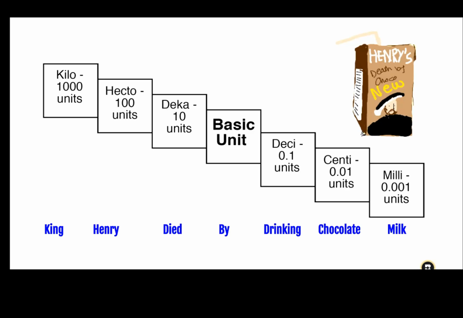A common way to do that is by using this phrase, King Henry died by drinking chocolate milk, because the first letters in the phrase help you write out the organizer in the correct order. It's just a trick to help you remember. Obviously, you are 100% welcome to come up with your own phrase if something helps you remember it more clearly.